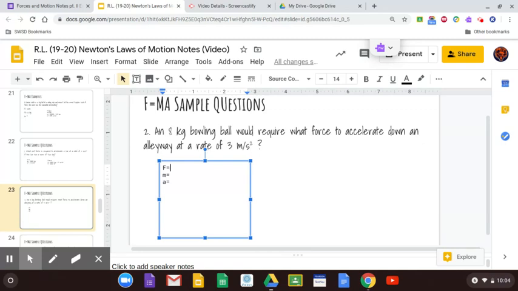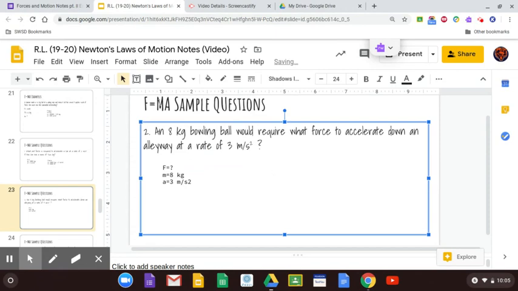We have 8 kilograms, and I know kilograms is the unit for mass. So I'm going to put 8 kg by the M. Okay, another number, 3 meters per second squared. I know meters per second squared is the unit for acceleration, so I'm going to put that there. Great. And then force, I don't have anything, so that's what we're trying to figure out.